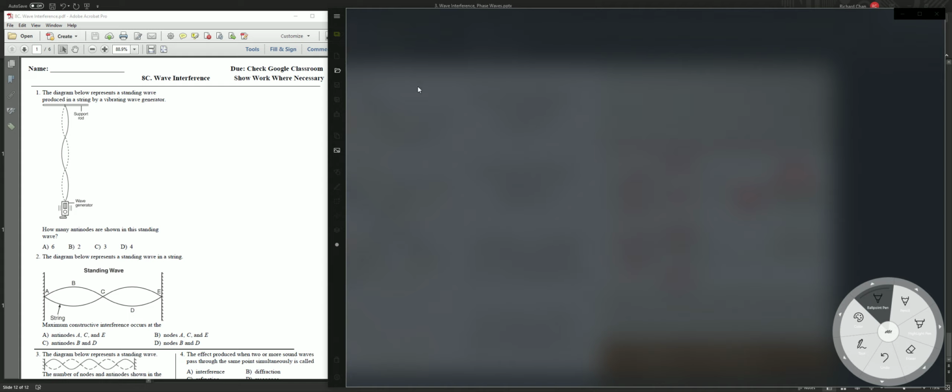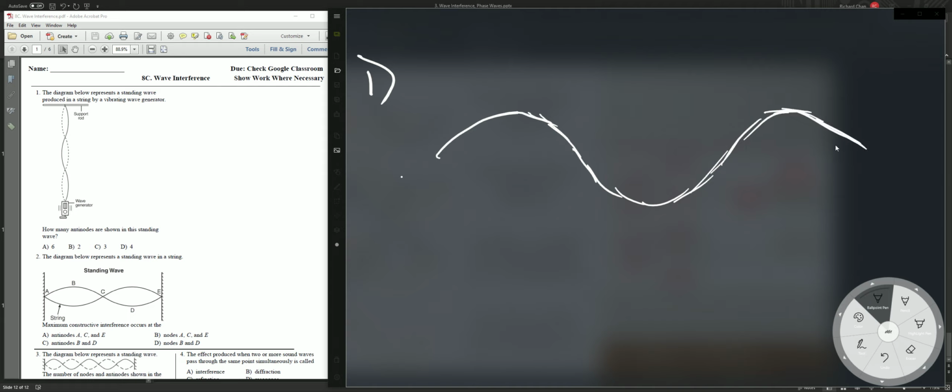So, how many antinodes are shown in this standing wave? Again, you know that. I'm going to draw this horizontally just so that you have a better understanding of it. So it's the equilibrium line, and our nodes are at the equilibrium line.